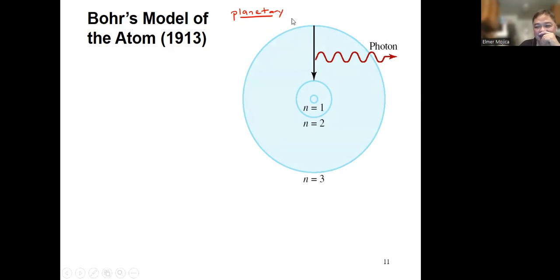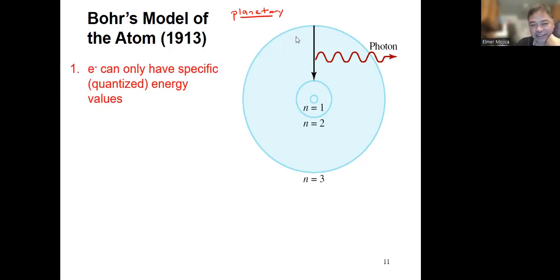The depiction of Niels Bohr's atomic model is like planets in fixed orbits. So the way that he depicted it, there are orbits of different energy levels and the electrons are there. What happens when the electron absorbs energy?